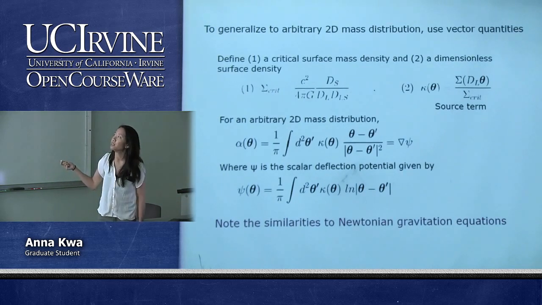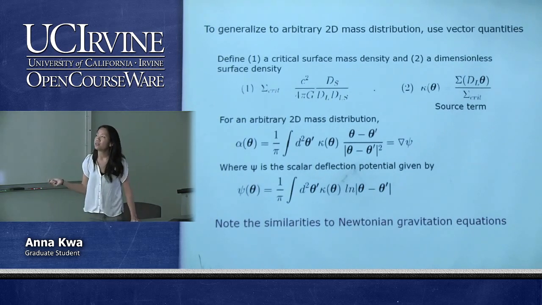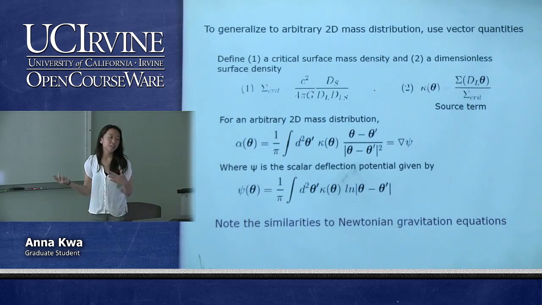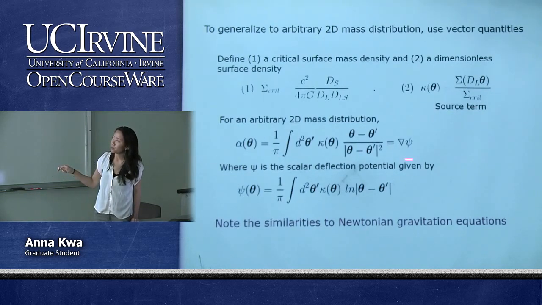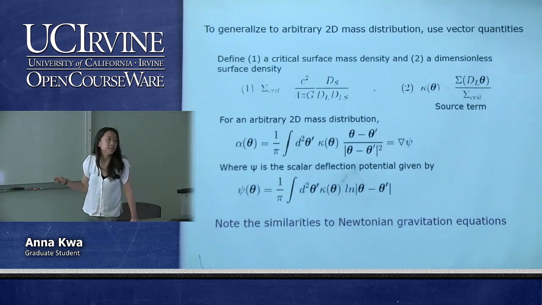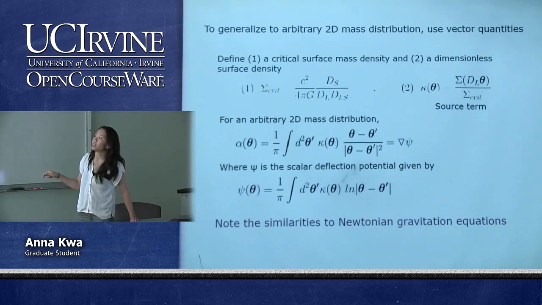We'll call that kappa. So if you want to find out what is your observed deflection angle given some lens distribution, just do the integral over kappa, this here. And you'll notice that you can write alpha of theta as the gradient of some scalar potential, where the scalar psi is given by this expression here.